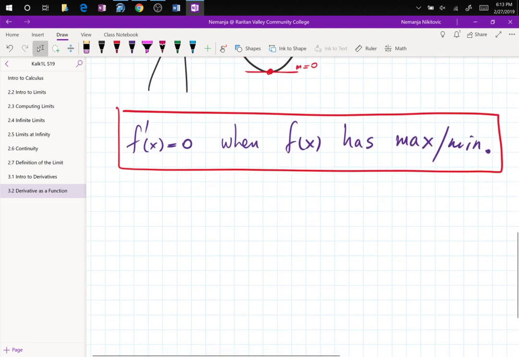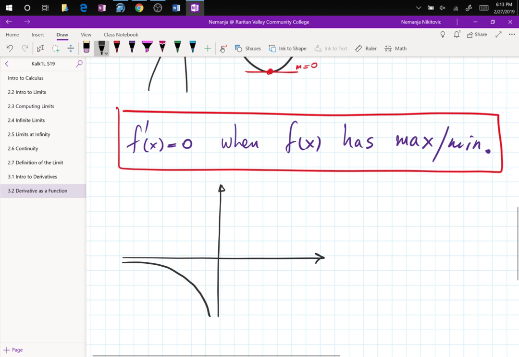The final one, the fifth one, is the one that is a vertical asymptote. So we're going to draw our good friend 1 over x. But I'm going to pretend I don't know it's 1 over x.